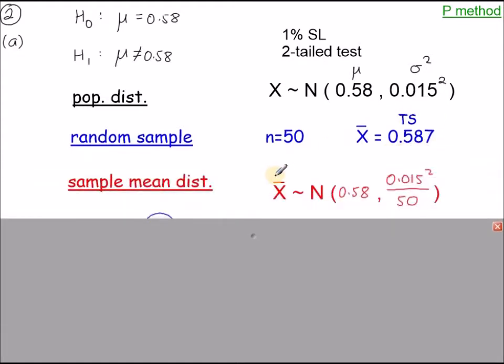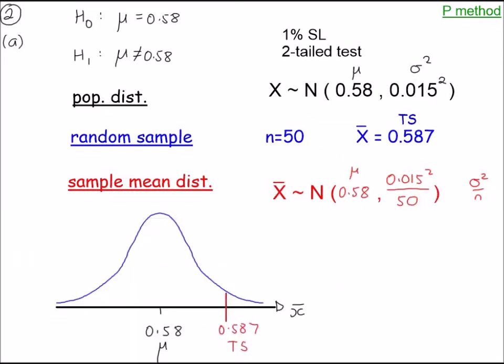Our sample mean distribution, so we have the mean, which is the same, and this fraction here is sigma squared over n. Sigma squared is 0.015 squared divided by n. Now we're going to sketch this normal distribution.